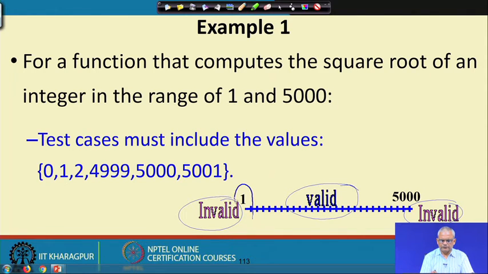We include the boundary 1 and one test case which is less than 1, which is 0, one element which is valid, so it can be 2. Similarly, 5001, 5000 and let us say 4999. So, these are the set of test cases for one parameter which is a range of values between 1 and 5000.